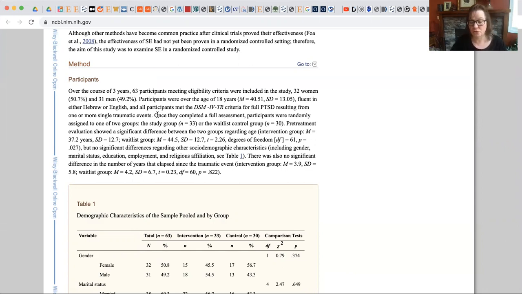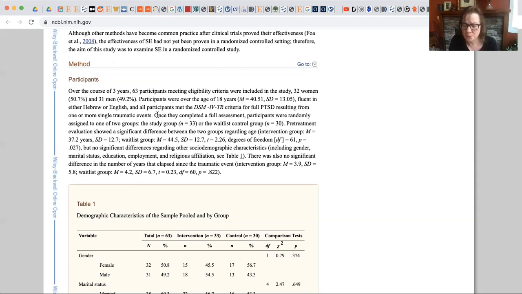And how do you know that your participants are representative enough of the general population you're interested in, so that your study will have external validity? In other words, what I want is for the participants in my study to be representative of people with PTSD, so that I know that this trembling intervention might work for general people with PTSD.